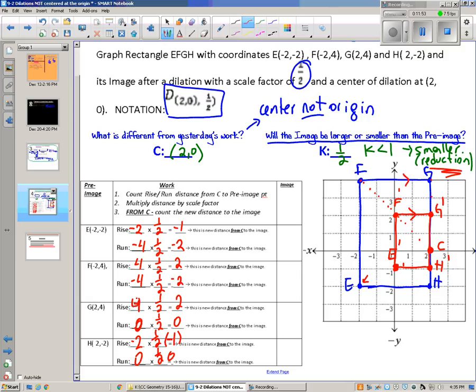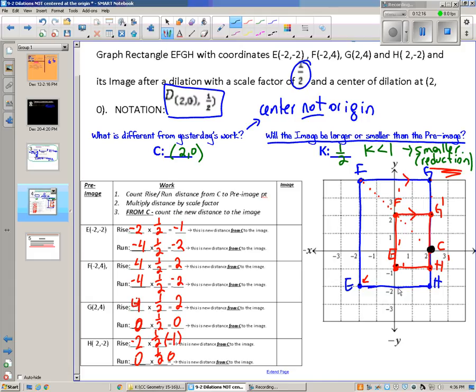Parallelism is preserved. And when I start at my center, the center, the pre-image, and the image should all be collinear. They have to be on the same line, right? And they are. I can check by just looking. So I did a good job.